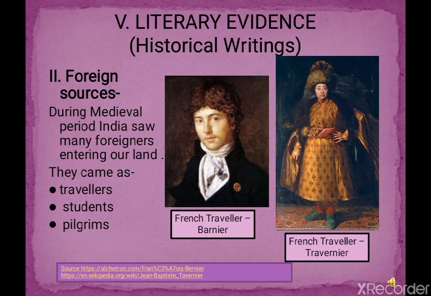The word foreigner is used today to mean someone who is not an Indian. But in the medieval period, a foreigner was any stranger who appeared in a given village, someone who was not a part of that society or culture.